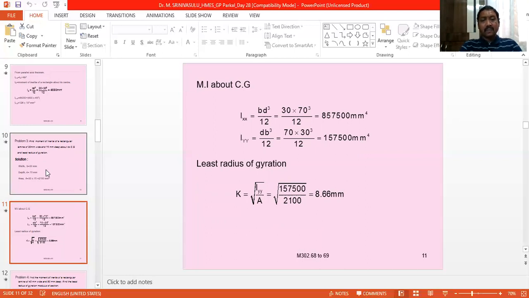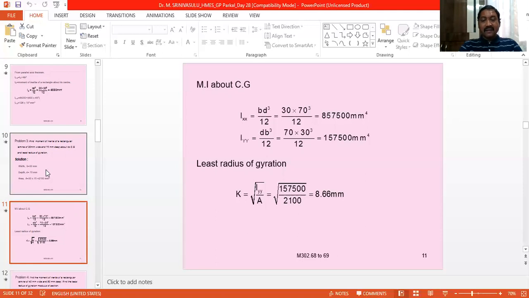And the moment of inertia about the y-axis, Iyy, is equal to DB cube by 12. Here D is the depth and B is the width, so D is 70 and B is 30. So it is 70 into 30 cube by 12, which is equal to 157500 mm4.